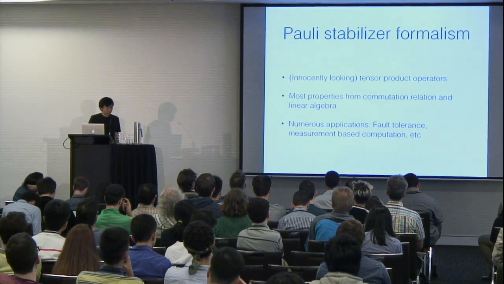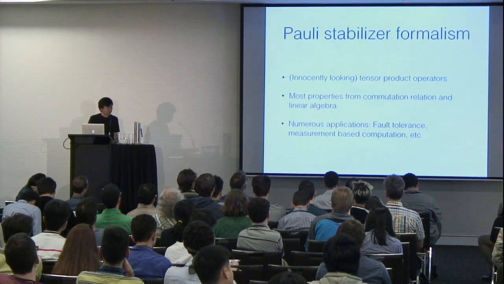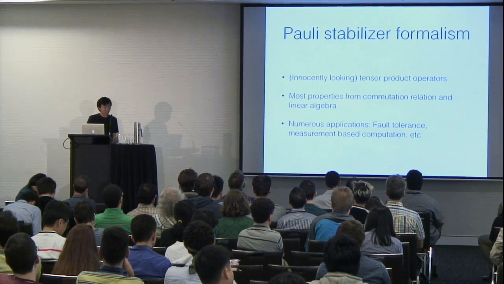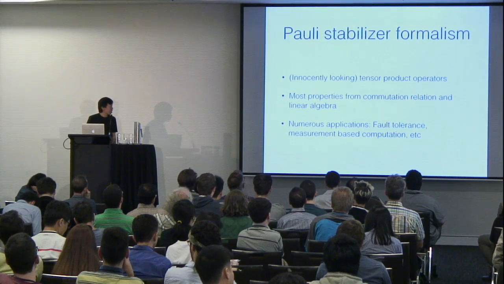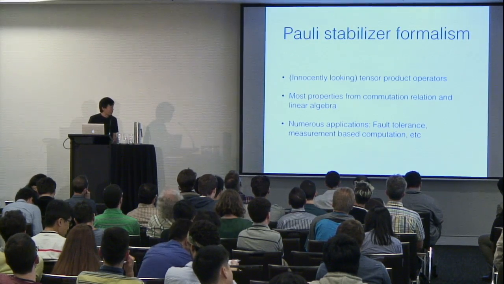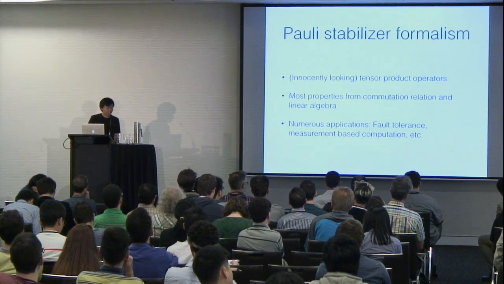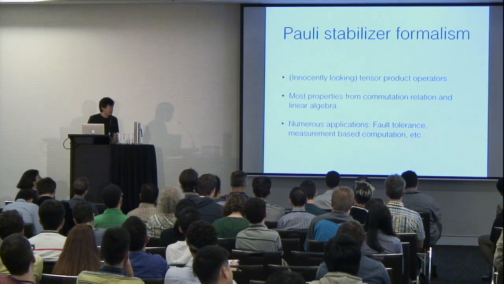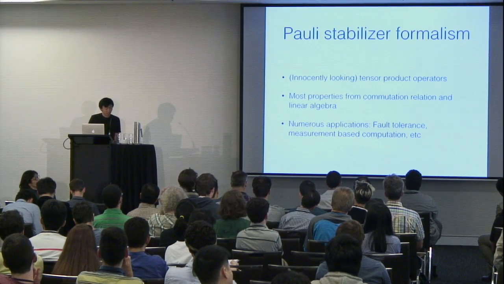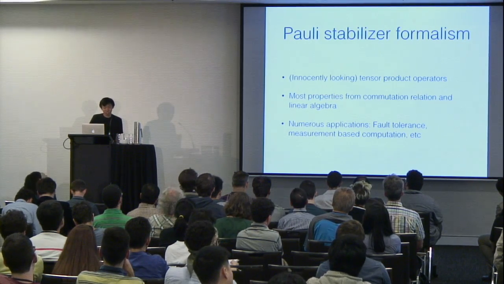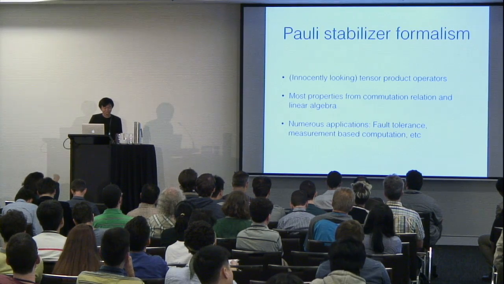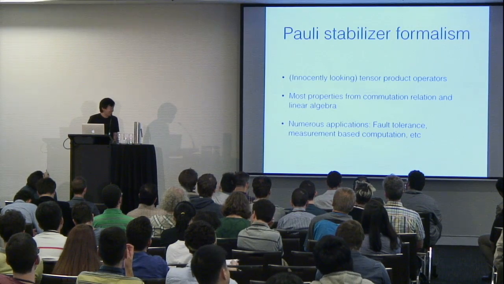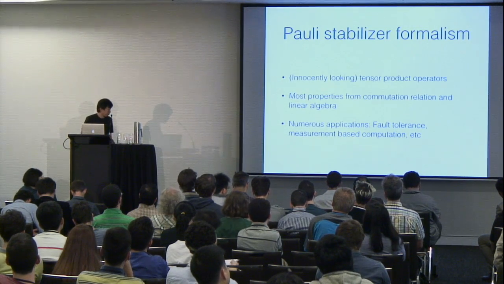The Pauli stabilizer formalism is quite funny because all the stabilizers are quite innocent-looking tensor product operators, and many properties of the codes or states can be obtained by just looking at commutation relations or linear algebra, and these things are not only computationally efficient, they are human-being efficient. In the sense that as human beings, a lot of times we can see the properties quite fast.